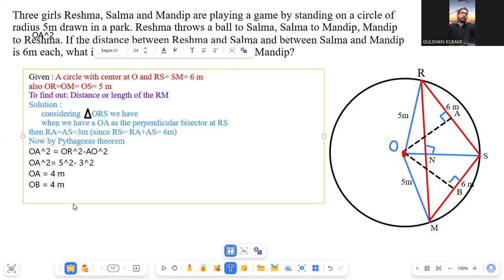So we have a triangle ORS, and we have a height that is OA and base RS. So we can find the area of the triangle.